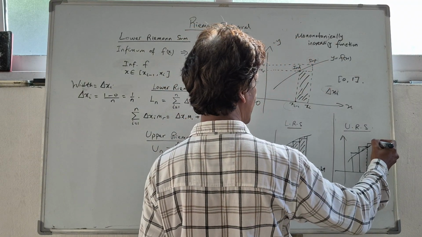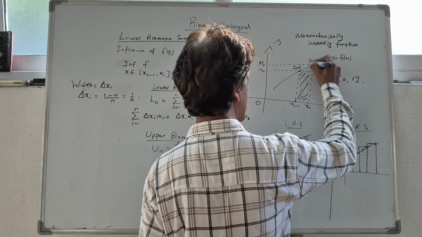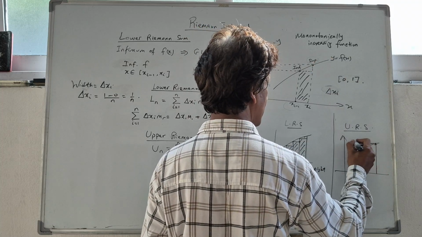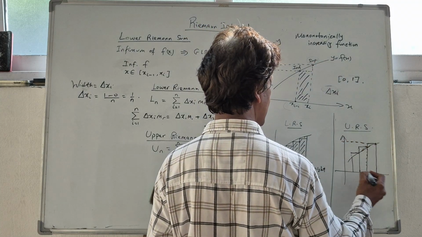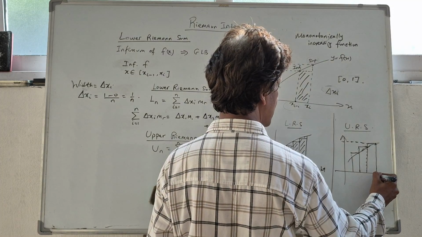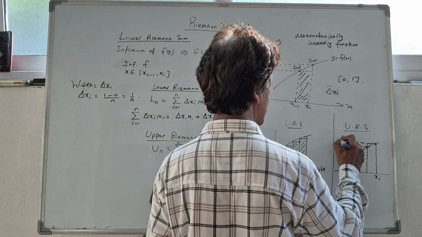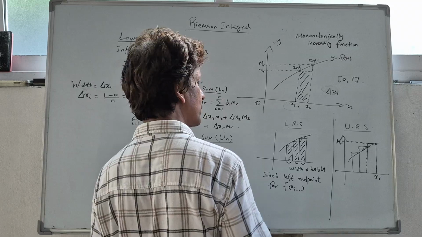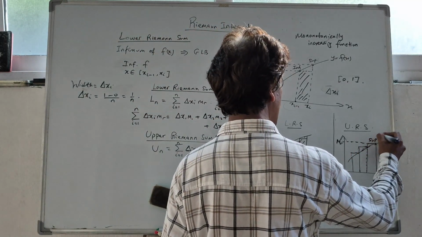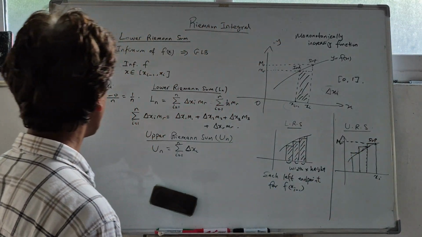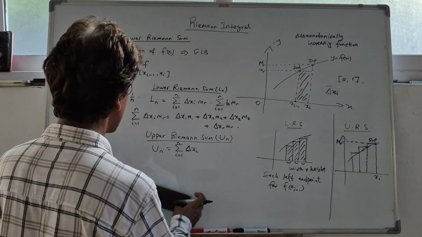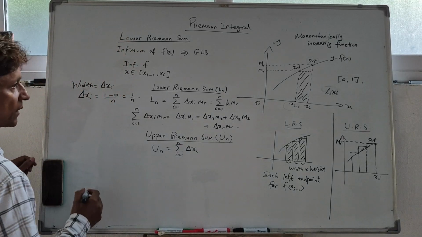So this point over here, if I take this point, this is my xi, and this is my capital MR. So that's the supremum. We're going to take the supremum of f(x).